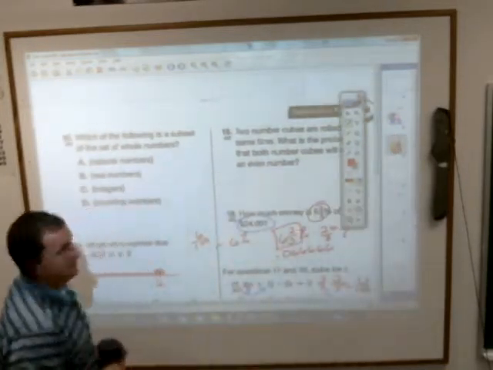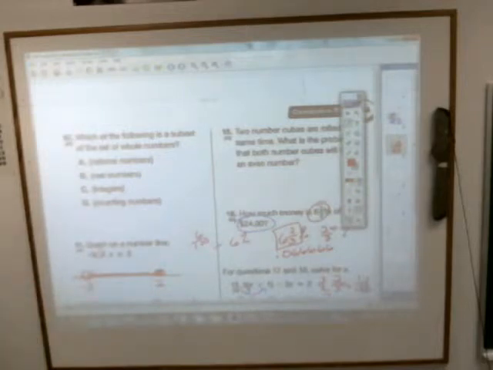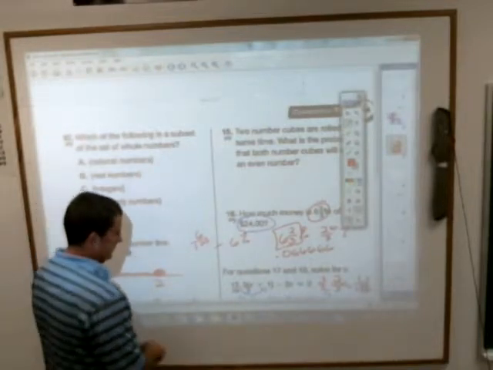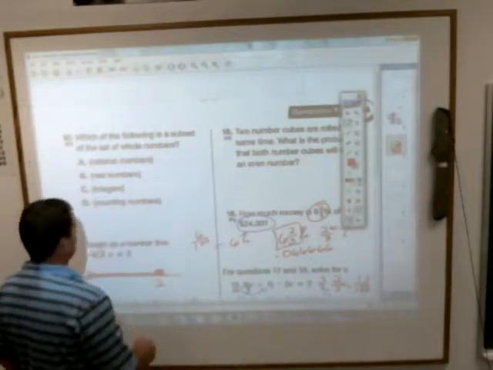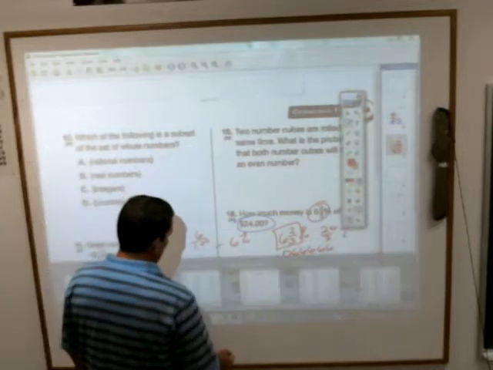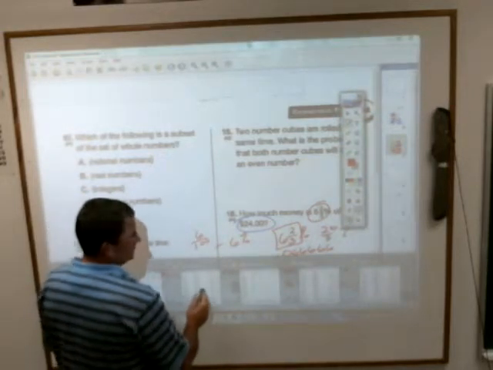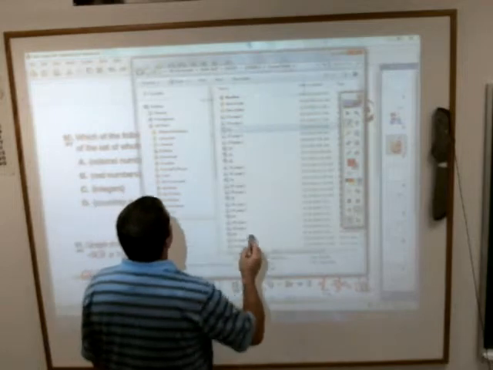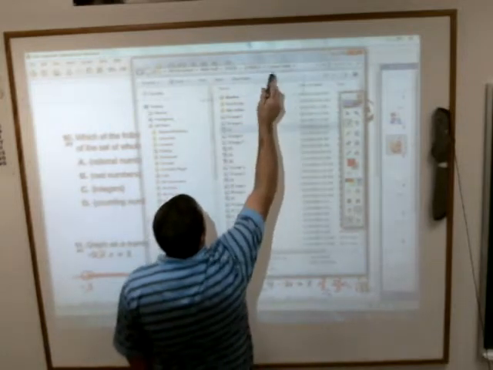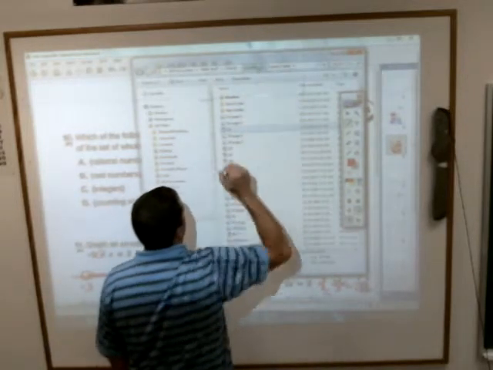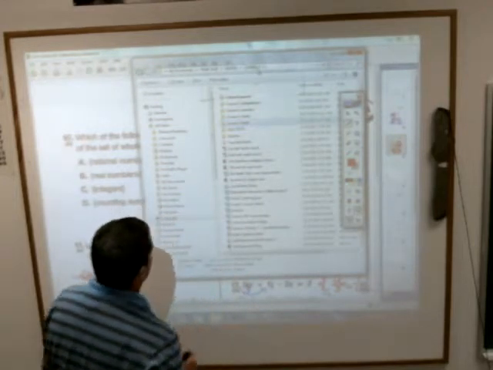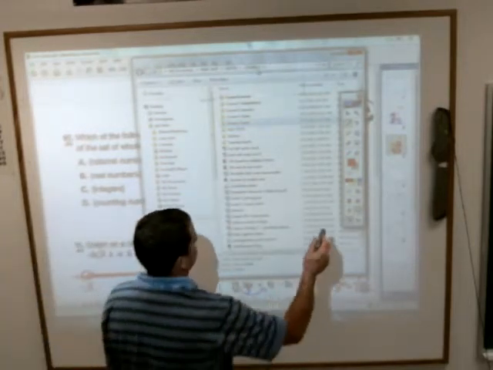Well, number 10, you definitely, children, want to have your little numbers chart with you. Subset means that, if you look at the numbers chart, do you think I can find it here somewhere? Look for something that says real numbers chart.